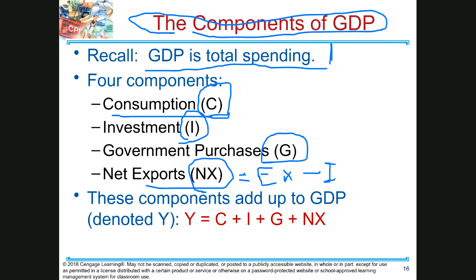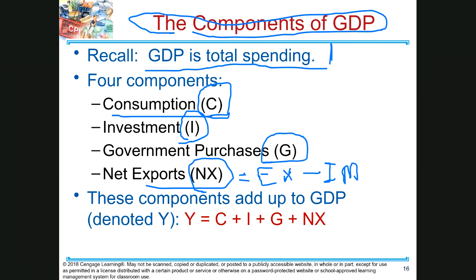One of them has a negative effect on GDP, imports. We go buy from them, our money leaves the society. Or if they come buy from us, that has a positive effect. Exports have a positive effect, imports have a negative effect. We get the result of it, we call it NX. It could be negative, which means that the country imports more than it exports.